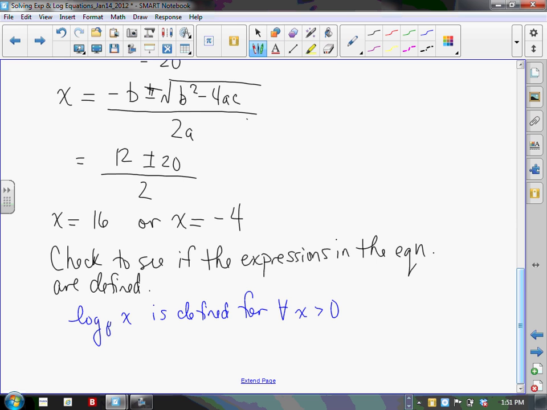Okay, so we can't take the log of a negative value, and of course we can't take the log of 0, because there is no particular power that produces 0 as an answer.